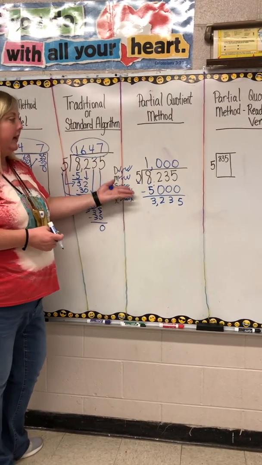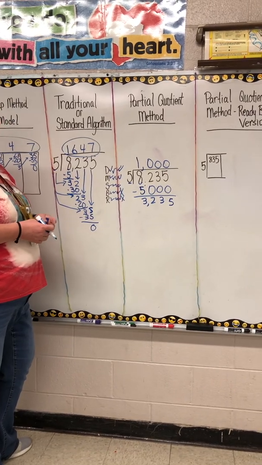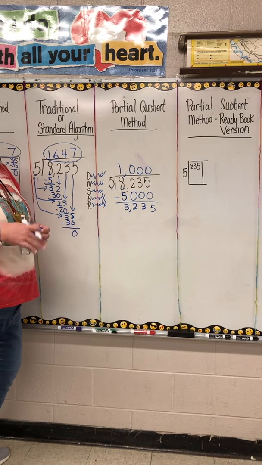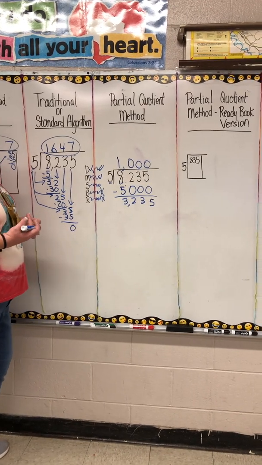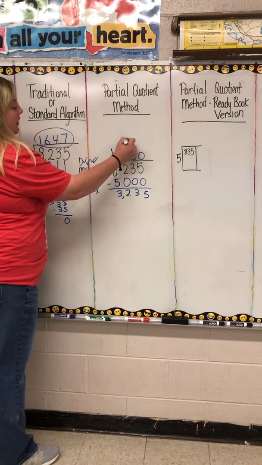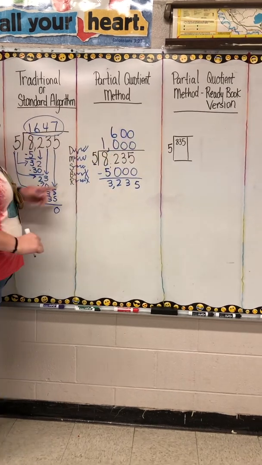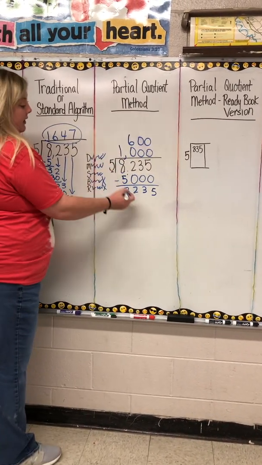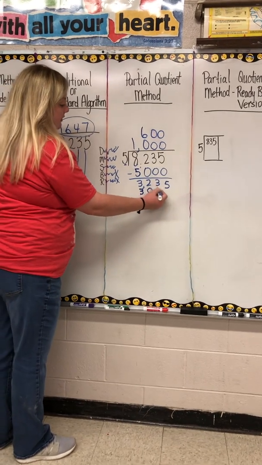So I think, well, I can't go in another 1,000 times. That would be too high. But I could go in maybe 100 times or 200 times or 300 times. Or I'm thinking 600 times. Because I know 5 times 6 is 30. So 600 times 5 would be 3,000.